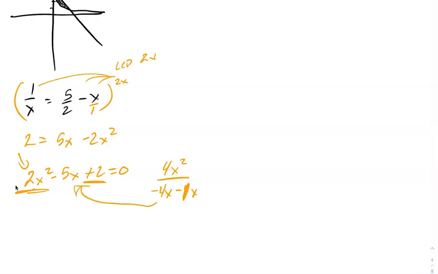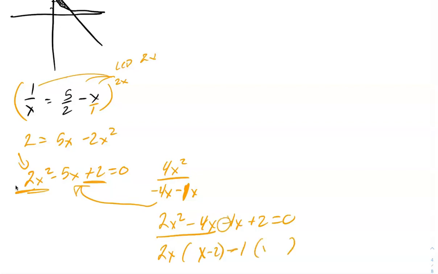Plug it in for the middle. So 2x squared minus 4x minus 1x plus 2 equals 0. These have a 2x in common. x minus 2. Always bring down the middle sign. So now 1 divided by negative 1 is x. 2 divided by negative 1 is negative 2. Hey, these match. (x minus 2)(2x minus 1). So it's factored.